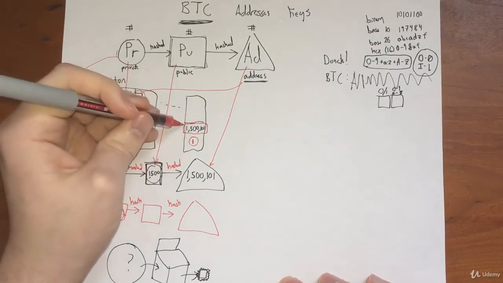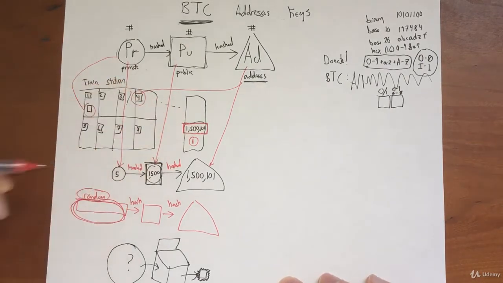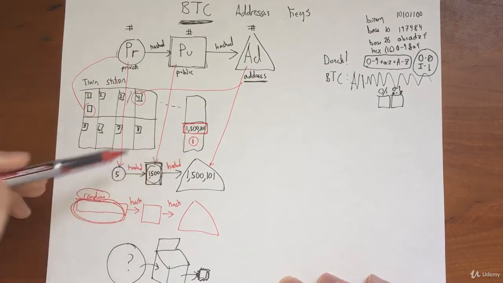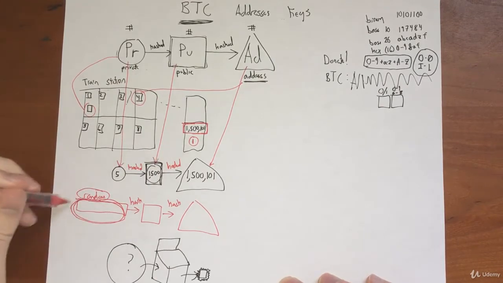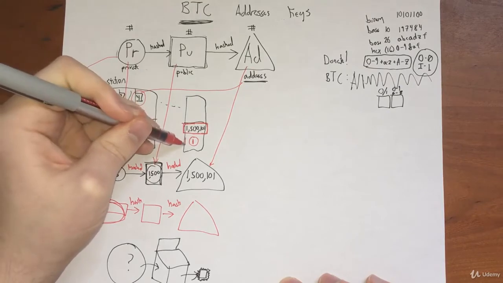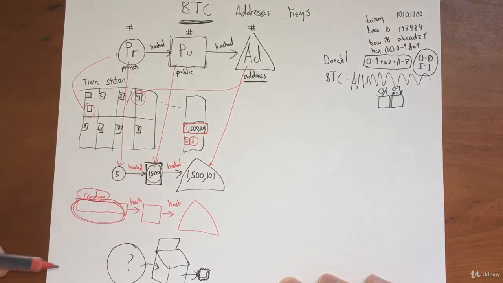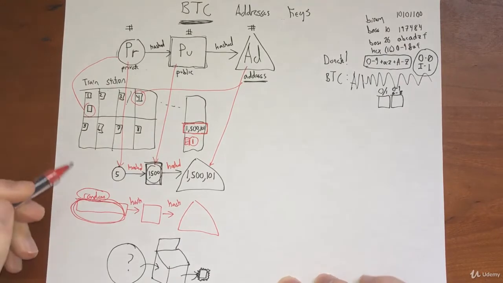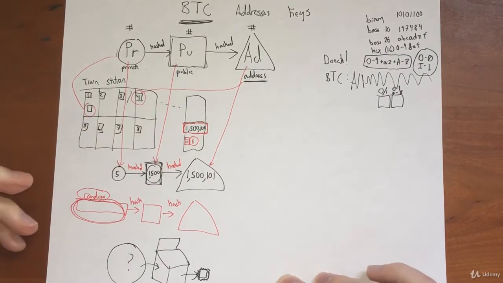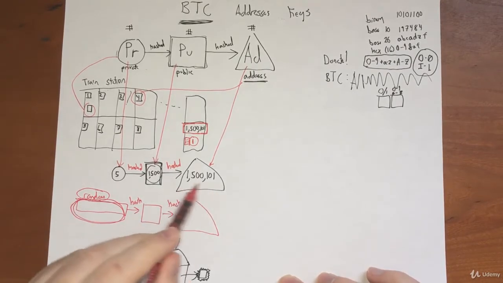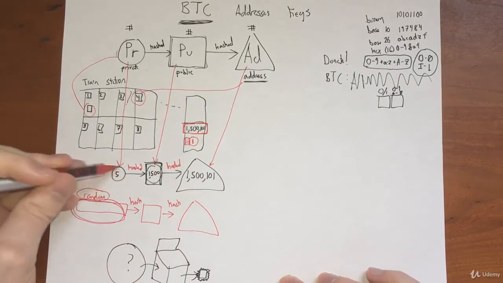And now you control this locker. And anybody else who goes up to this locker, they don't have this random number that unlocks the padlock on this Bitcoin. Okay, so that's how Bitcoin addresses and keys work. You get the address by hashing this random number.